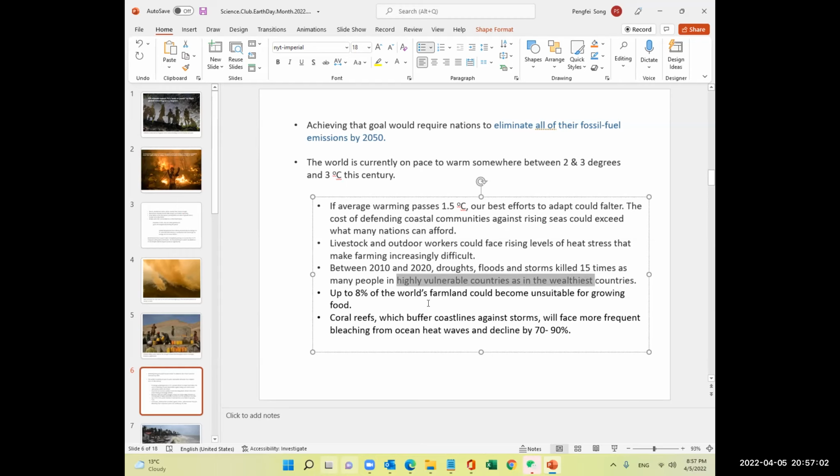But people elsewhere die because of the impacts. Also, if the temperature passes 1.5 degrees Celsius, we're going to lose 8% of the farmlands. So again, more people will starve.